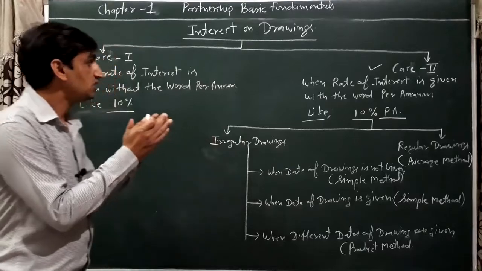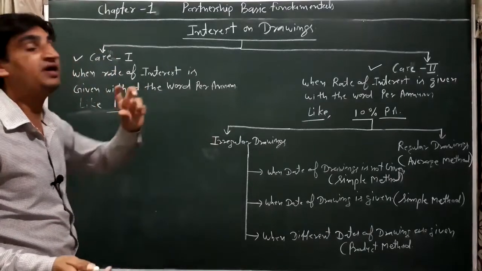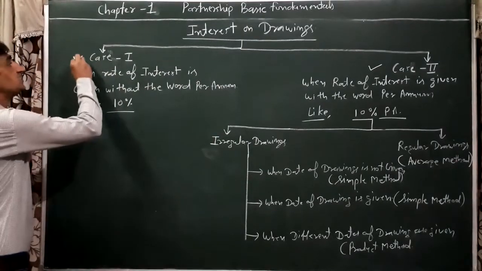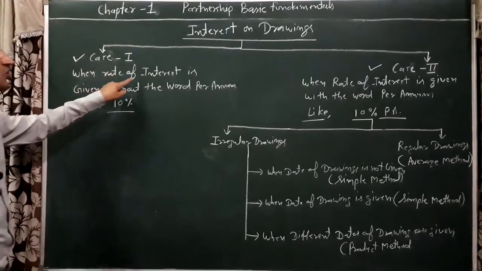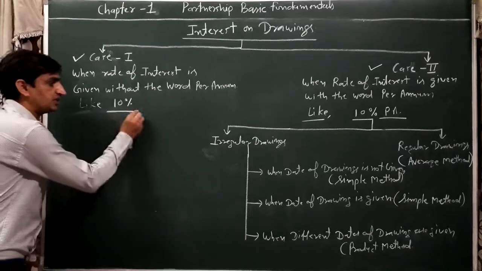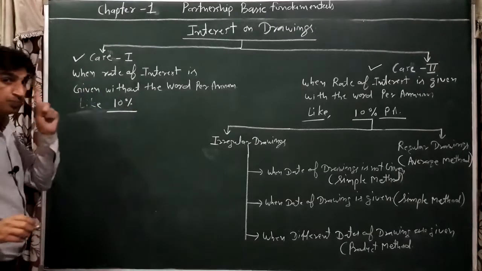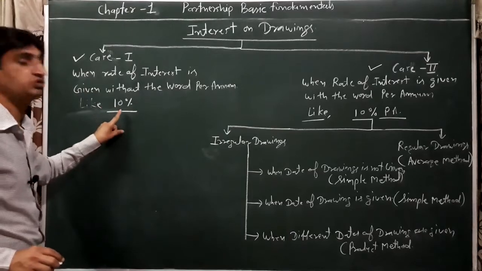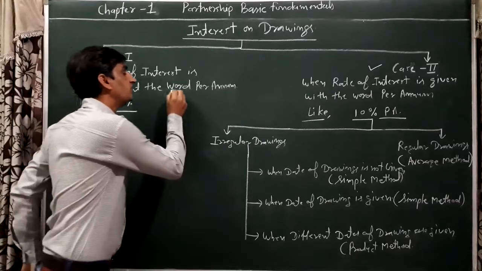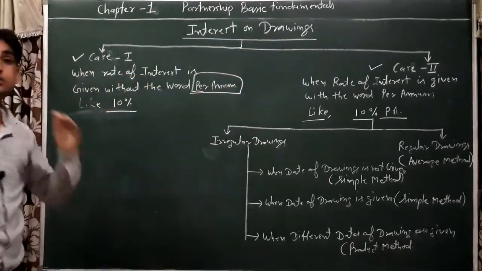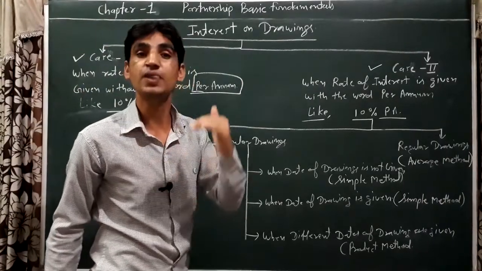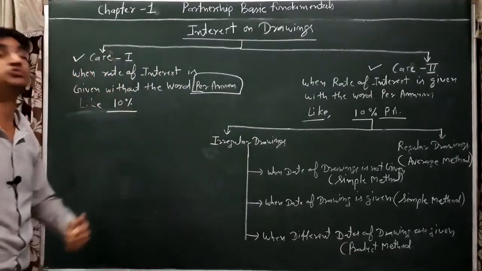How the rules are applicable in both conditions to calculate interest on drawings, now we will discuss. Now we are discussing case first, when the rate of interest is given without the words per annum, like 10% only. Point to be remembered here: in such a situation the time period will not be considered for calculation of interest on drawings.